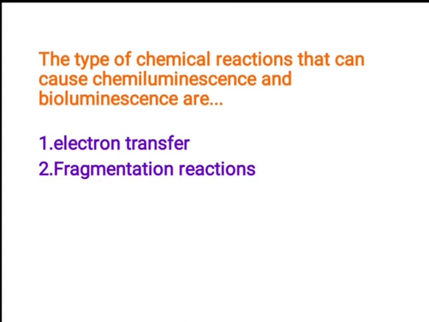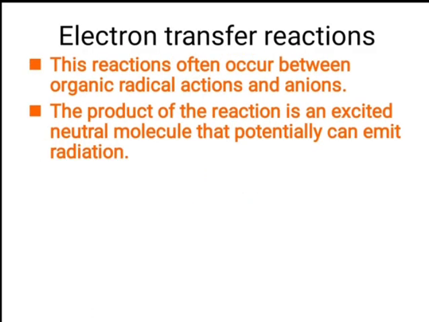The reason for the chemiluminescent reactions is mainly electron transfer and fragmentation. Here I have written one sentence: the types of chemical reactions that can cause chemiluminescence and bioluminescence are electron transfer and fragmentation reactions. First is the electron transfer reactions.